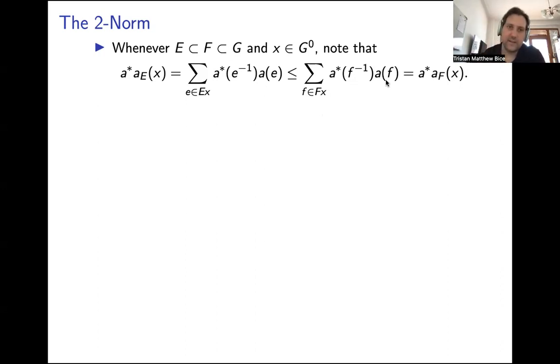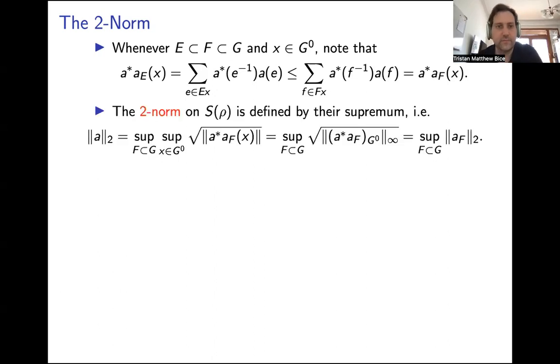So as these finite subsets increase, you get an increasing sequence of finite sums. There's no guarantee that those sums will converge to anything at this point. However, we do know that the elements will increase, and therefore the norms will also increase. As I mentioned before, if two positive elements, one is below the other, then the same applies to the norms.